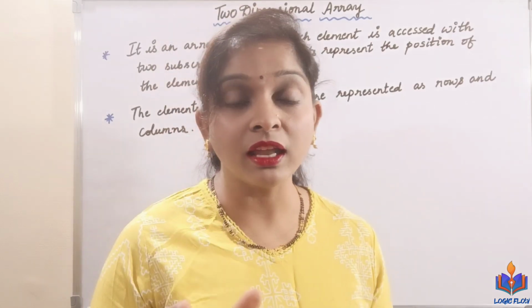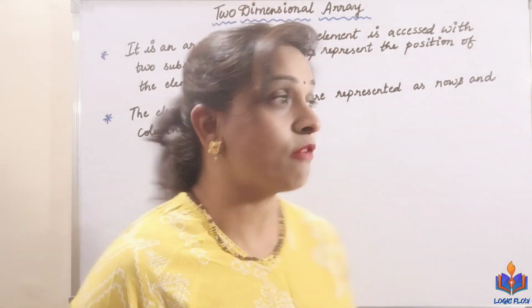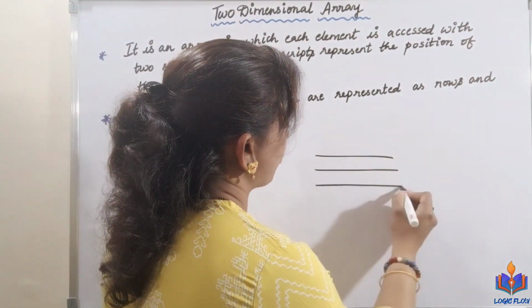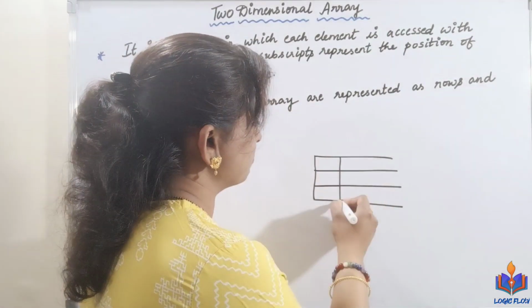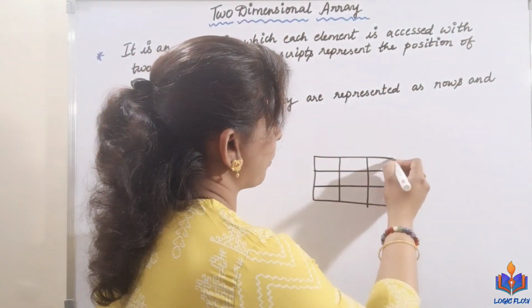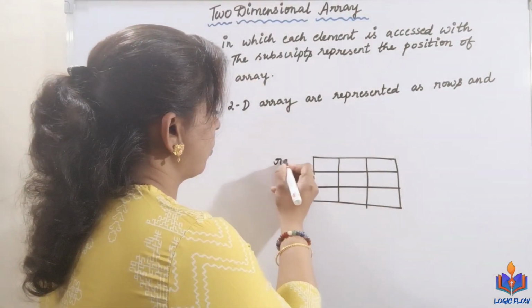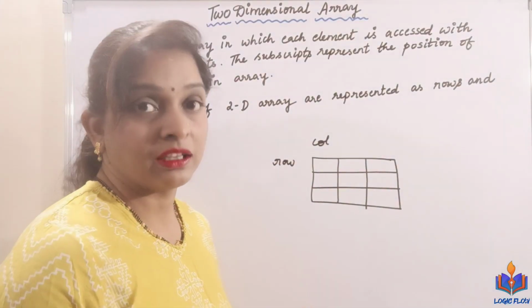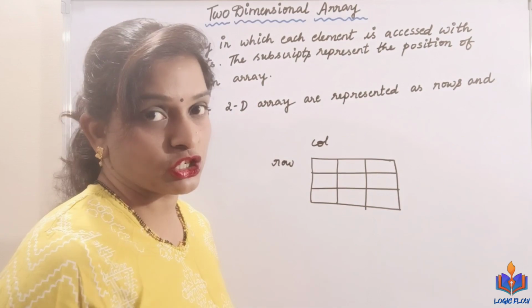So a 2D array is specially used to store the data in the form of rows and columns. When I want to store the data in the form of rows and columns, I need to provide two pieces of information: one is the row value and the other one is the column value. That is what the two dimensions are that we are going to provide in the two-dimensional array.